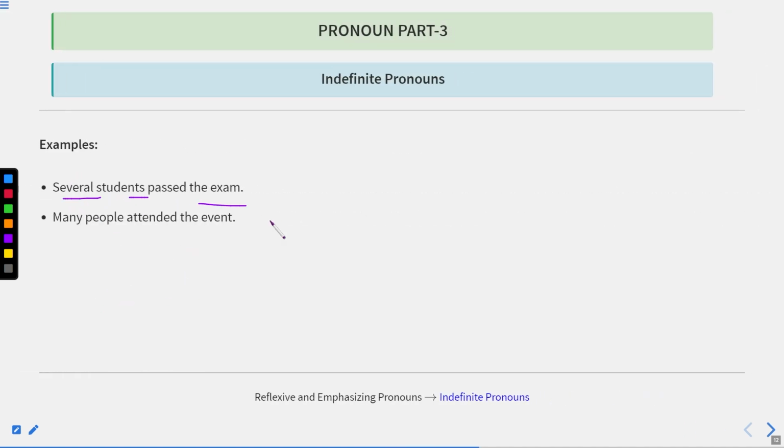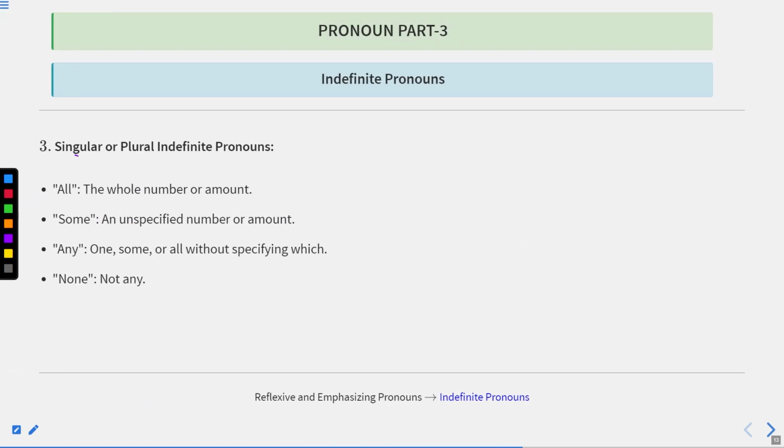Example, several students passed the exam, many people attended the event. Singular or plural indefinite pronouns: all, the whole number or amount. Now this word all can be used in both manners, whether we are talking about a singular or a plural indefinite pronoun. For example, all that glitters is not gold. So all can be used with countable nouns as well as uncountable nouns.